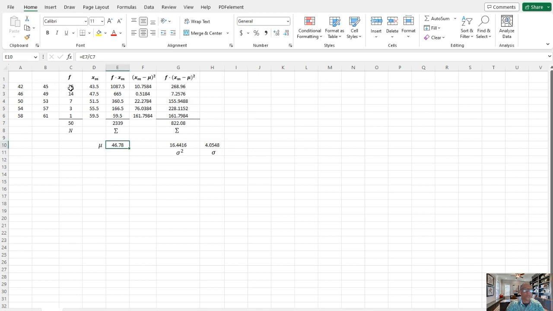So we're going to make an approximation. We're going to say that the 25 values in this class, well, that they are all 43.5. And so when I multiply 25 by 43.5, this gives me an approximate sum of all the values in this class. Likewise here, we get the sum of all the values in this class by multiplying 14 by 47.5.